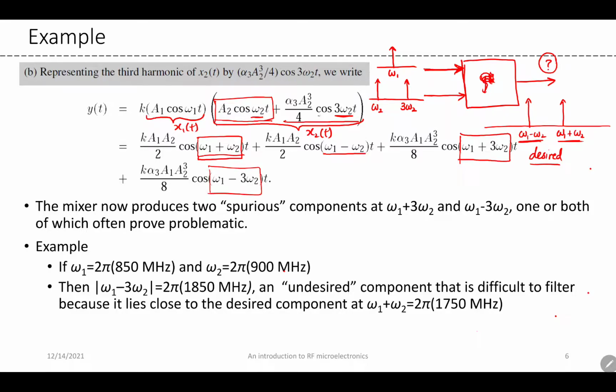Because of this 3 omega 2t component, we have some other signals. One is omega 1 plus 3 omega 2, and the other one is omega 1 minus 3 omega 2.